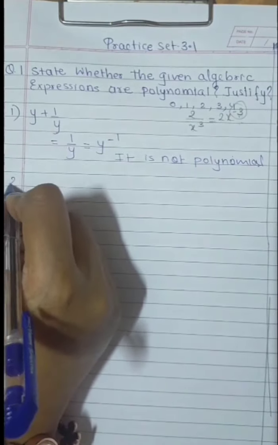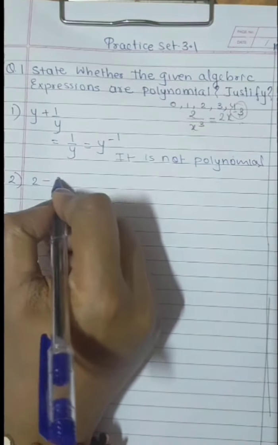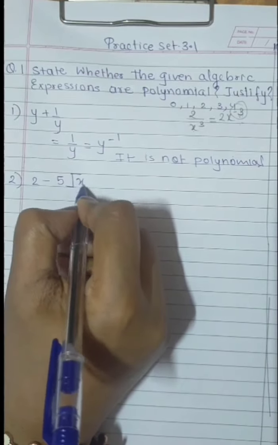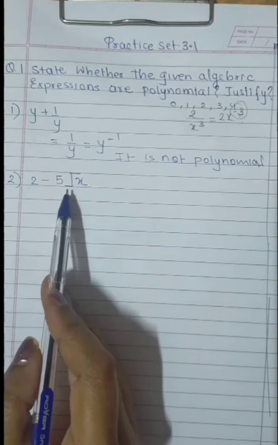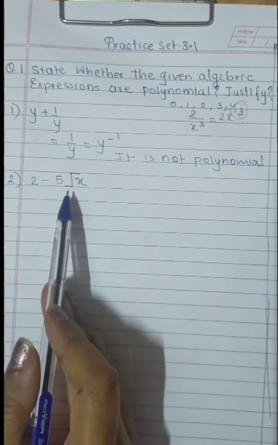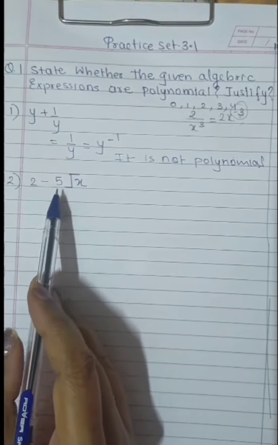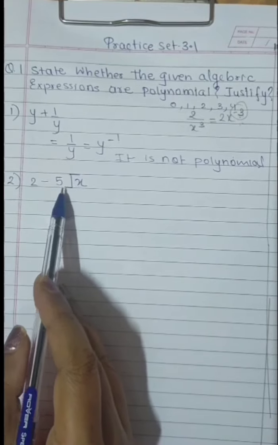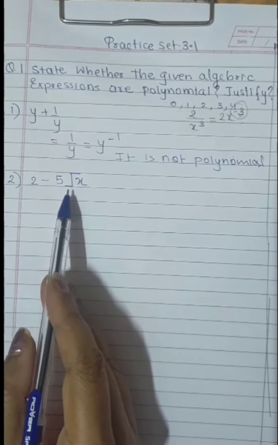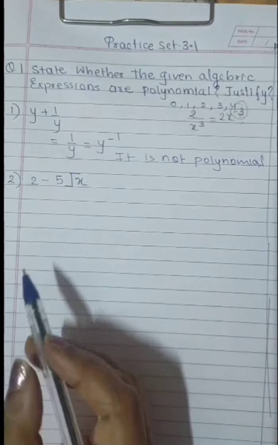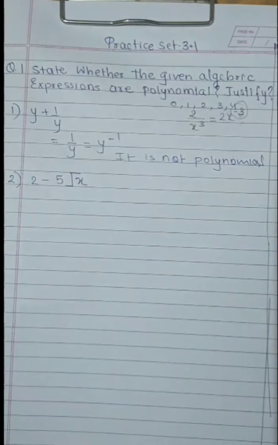Now second, what is given? The second one is 2 minus 5 square root x. Here you can see we have already studied in the previous lesson what surds are. Here nothing is given in the place of the radical sign, so the degree of the variable x is half.